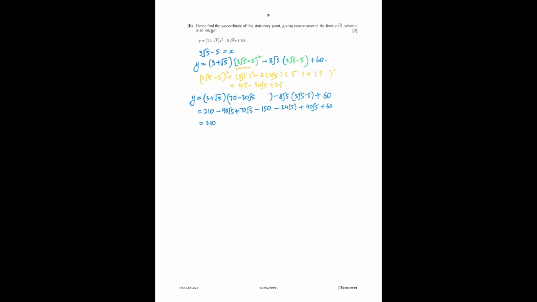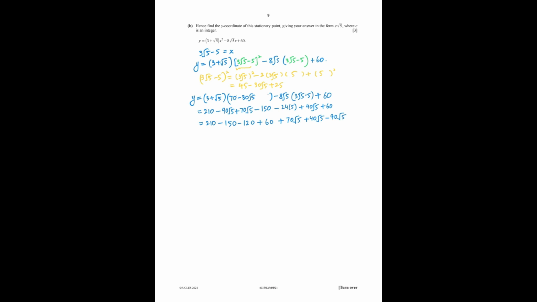It's 210 minus 150. 24 into 5 leads to 120 with the negative sign, and we have plus 60, right? And the terms with root 5 we have plus 70 root 5 plus 40 root 5 minus 90 root 5.